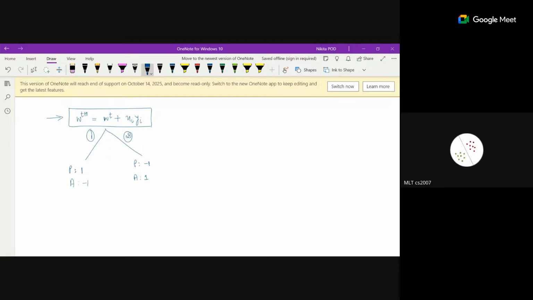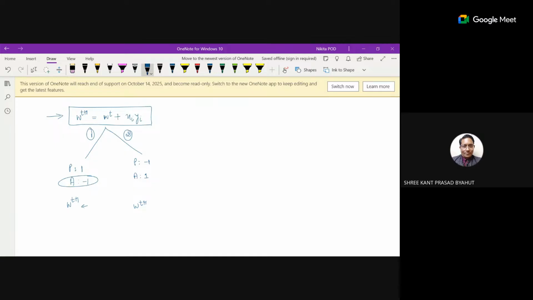Whatever W we get in the next iteration, WT plus 1, in both cases, when the actual was -1 and predicted was 1, this WT plus 1 was becoming lesser. My question is, whether in all the cases WT plus 1 will be lesser than the WT?